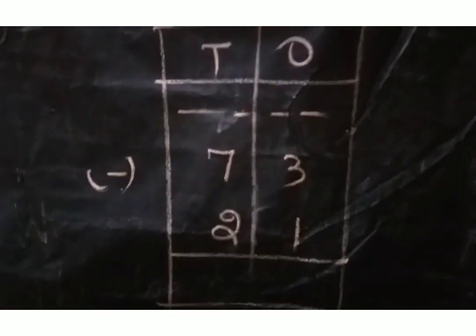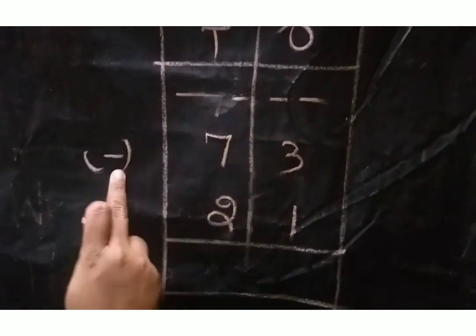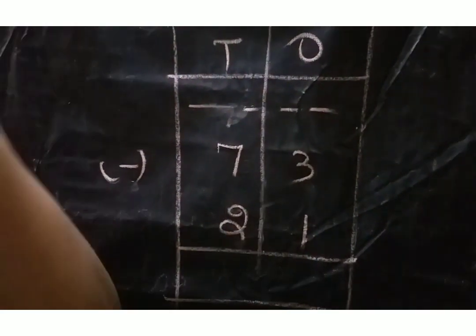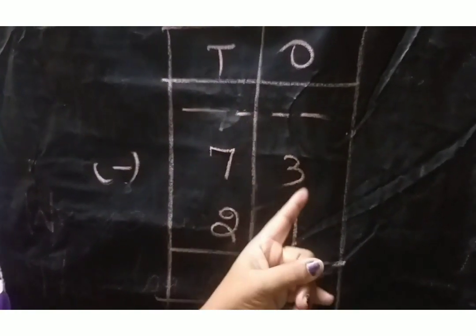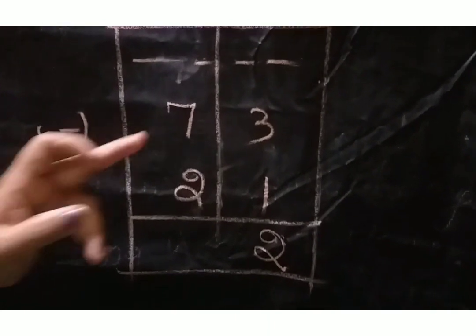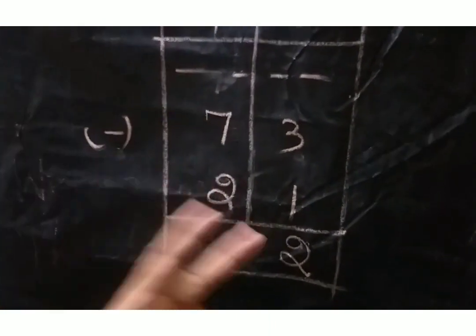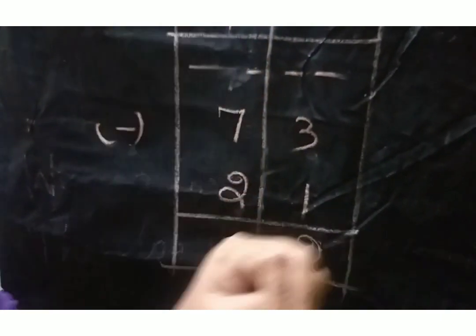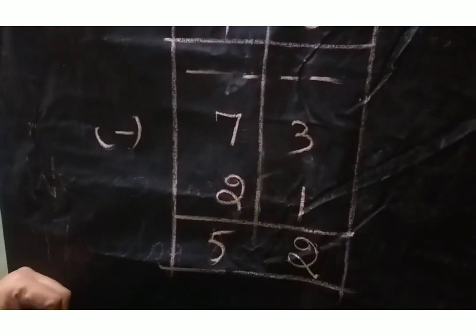Put the minus symbol. Minus means you have to count backward. 3 in the mind, 1 in the finger. 3 before 2, so the answer is 2. And 7 in the mind, 2 in the finger. 7 before 6, 5. So the answer is 52.